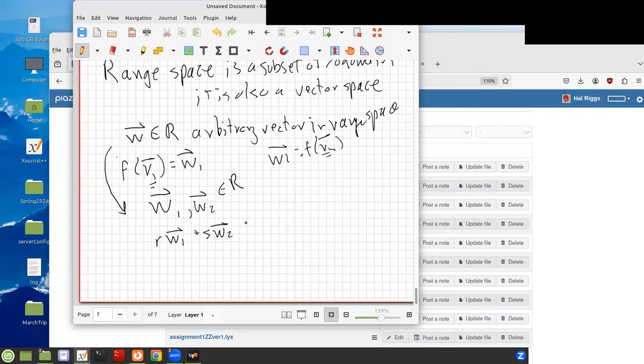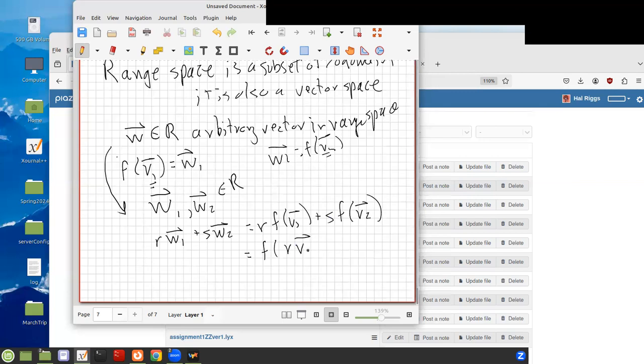Well, this vector equals, for arbitrary R, S, f of V1 plus S f of V2. But f is linear, so that's equal to f of R V1 plus S V2, and there it is. There's a vector in the domain that maps to this one. So that means that the range space is a vector space.